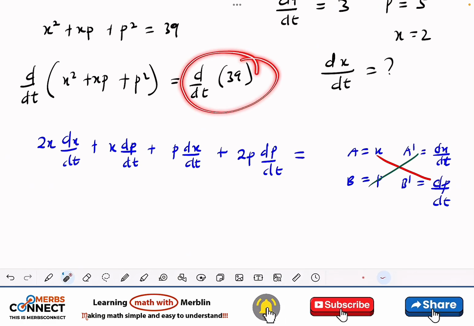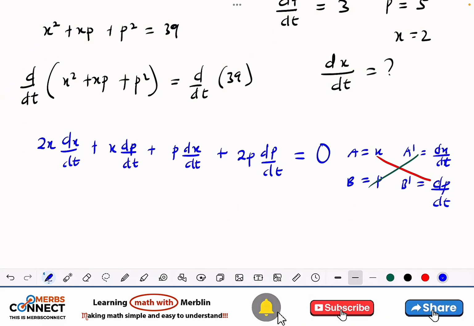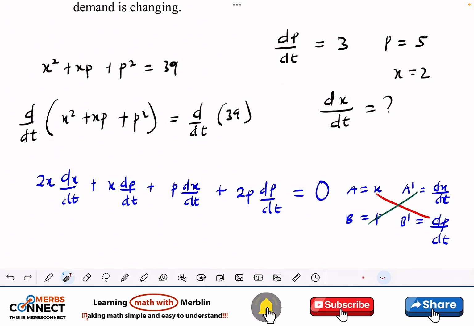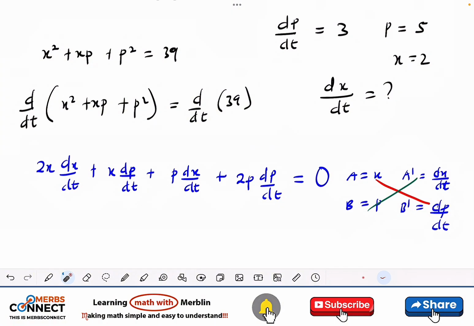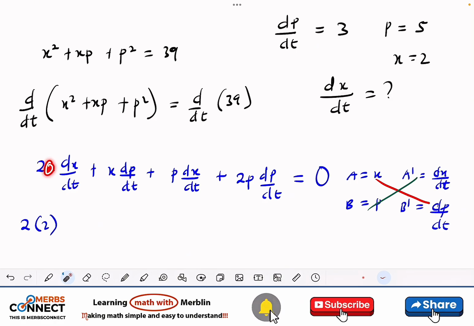And the magic happens here: when I differentiate a constant, I get zero. Now dp/dt is given, p is given, and x is given, so we can do direct substitution. x is 2, so in place of this I have 2 here. Then I don't know dx/dt; actually, that's what I'm looking for.